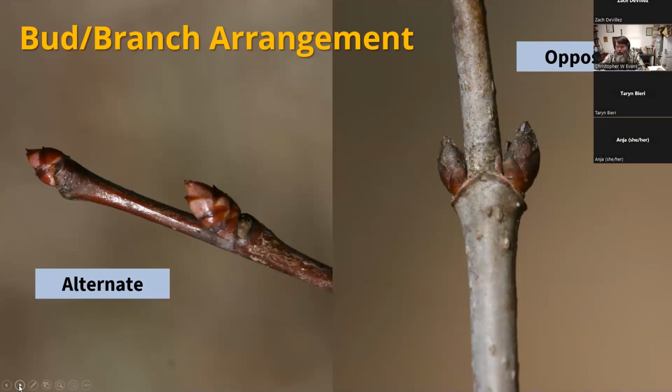But we do have a number of species that have opposite buds. That's a case where you have two buds coming out directly across from each other, like the picture on the right there. Maples are a great example of that. So those are the two broad options for bud arrangement.